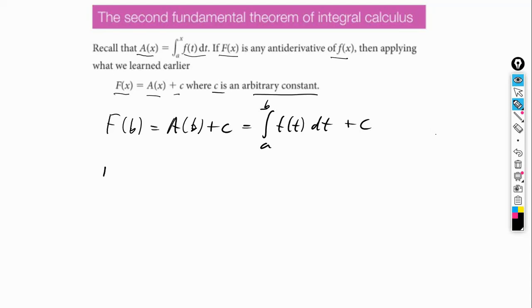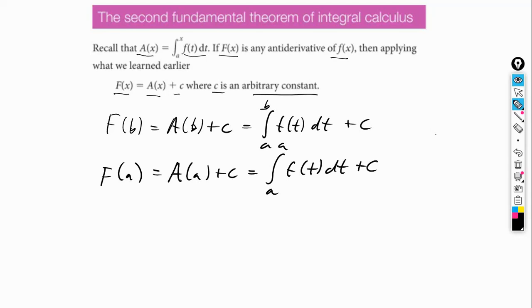Okay, if we do F of a, that's going to be A of a plus c, and it's going to be the integral from a to a of f of t dt plus c. But this is the same as saying 0 plus c, because remember that if you have an integral from a to a, or from one constant to the same constant, that's just going to equal 0.